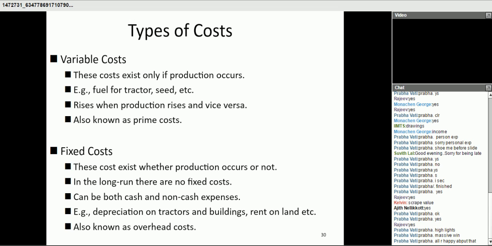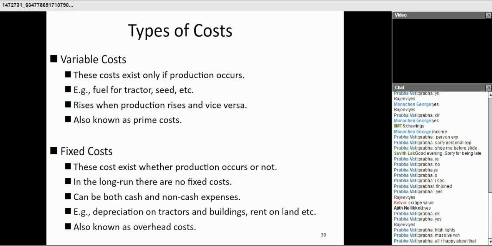Like suppose there is a brick kiln. You understand brick kiln? The place where bricks are made. So if a person is the owner of the brick kiln, he will be paying for the tractor, then for the soil which he'll be getting for making that brick; all that will be his variable cost.